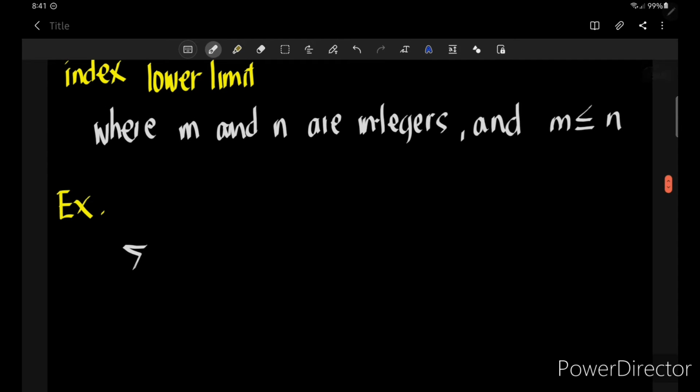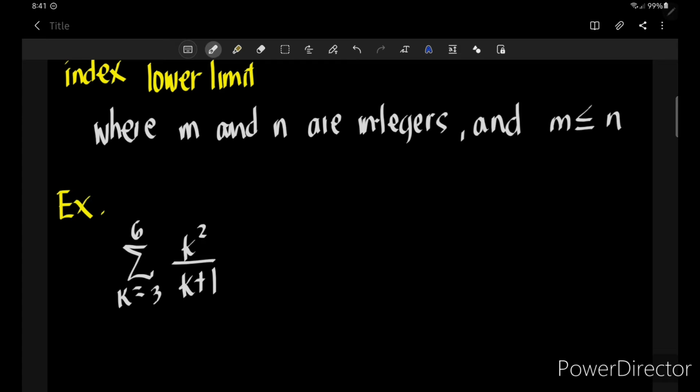We have the summation of K squared over K plus 1. Then, since K is the variable we used, K is also what we use below the sigma. K equals, let's put a numerical value, let's say 3, then 6 for the upper limit.